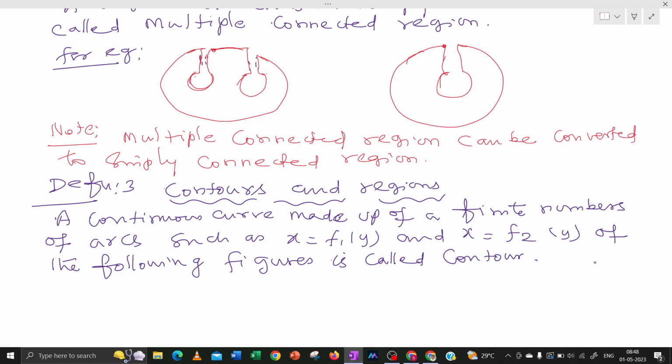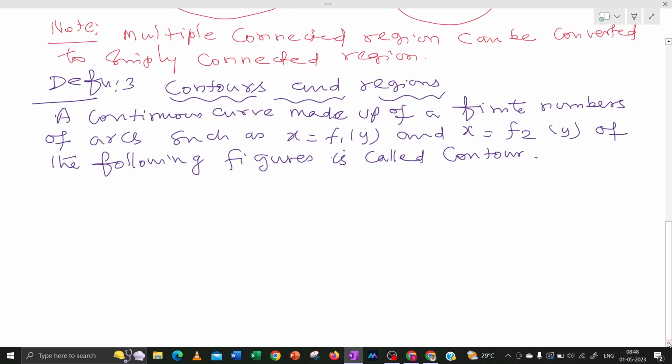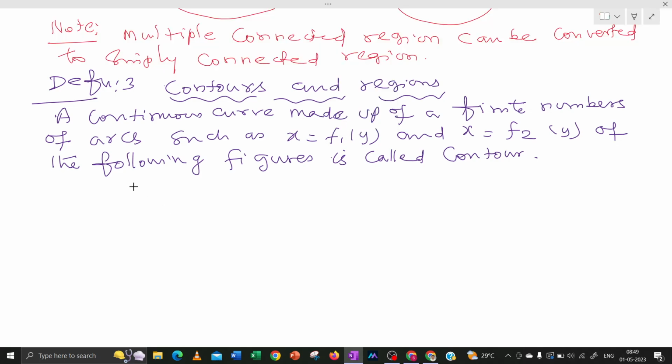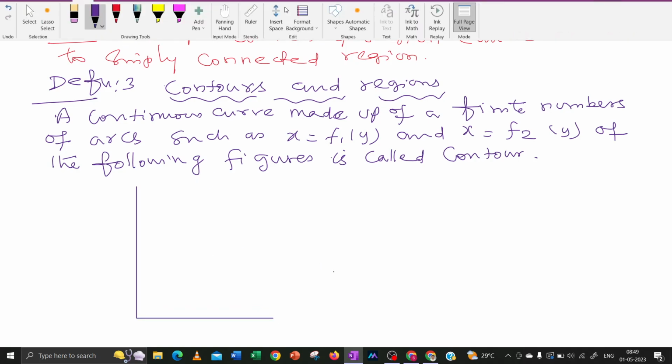What is the figure here? Please draw this diagram. Here we can draw one circle.